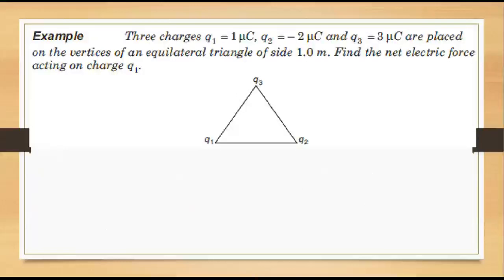Three charges: Q1 is 1 microcoulomb. Micro means 10 to the power minus 6. Q2 is equal to minus 2 microcoulomb. Q3 equal to 3 microcoulomb are placed on the vertices of an equilateral triangle of side 1 meter.